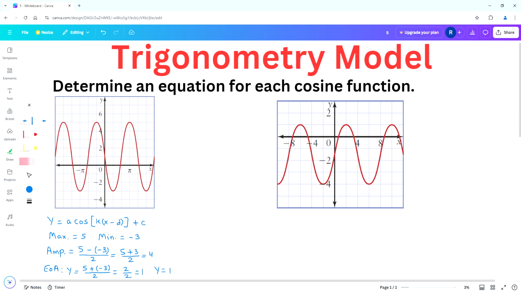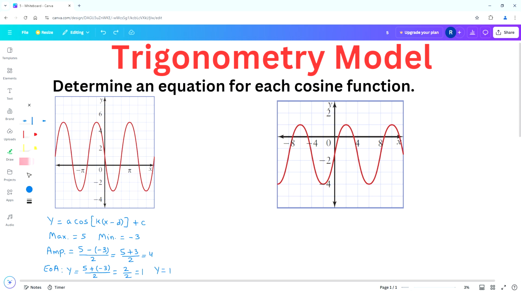Next, we can find the period for the function from the given graph. Period is the length of one full cycle for the function. It can be the distance between two consecutive maximum points or minimum points on the graph of the function.